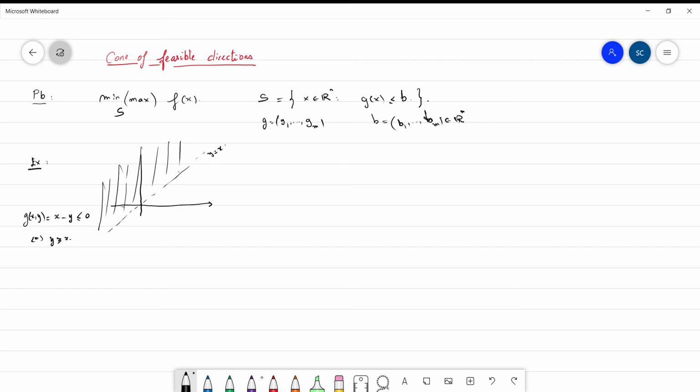So we have these two situations. If I am inside the set, an interior point, locally everything will work like an unconstrained problem.